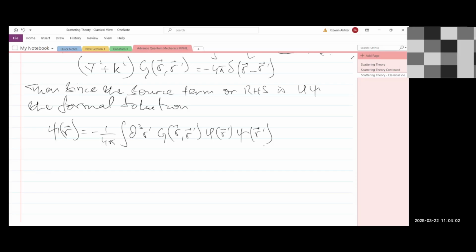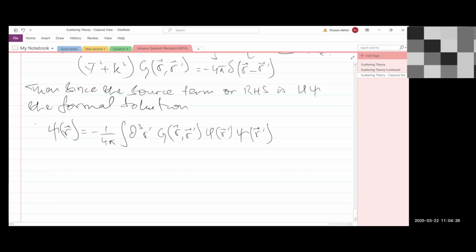In that case we get the general solution. What is also important is that in this equation psi of r also appears as the integrand of this integral, and so that's why we call it an integral equation.